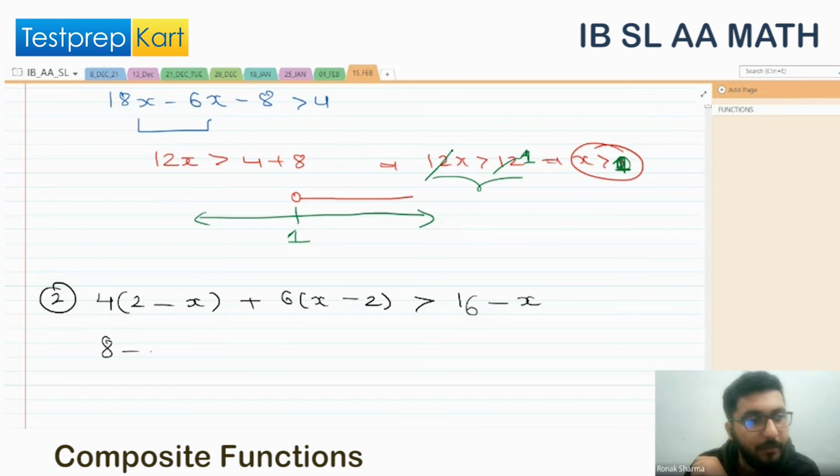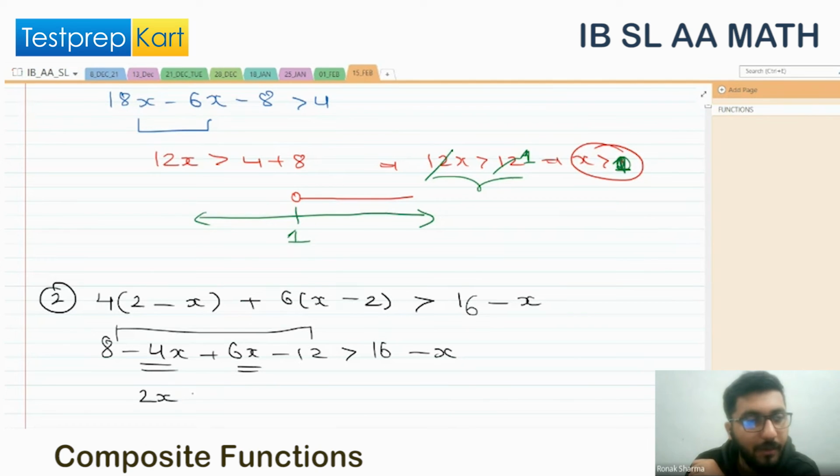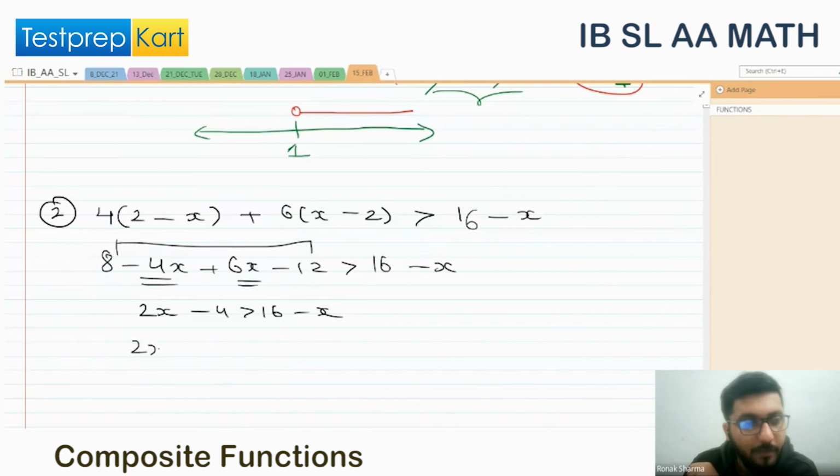This will become 8 minus 4x plus 6x minus 12 greater than 16 minus x. So I guess minus 4x plus 6x will be 2x and 8 minus 12 will be minus 4, greater than 16 minus x. So this will become 2x plus x greater than 16 plus 4. So 3x greater than 20 and x is coming out to be 20 by 3.